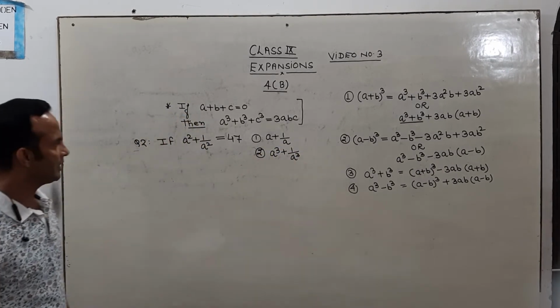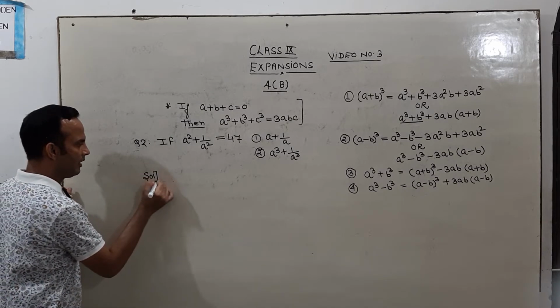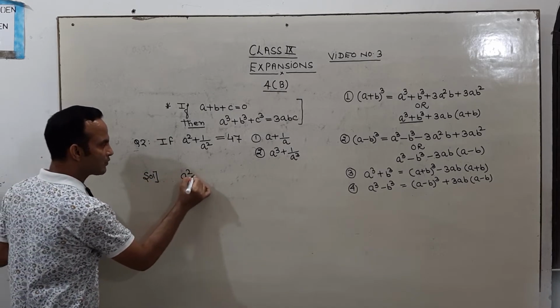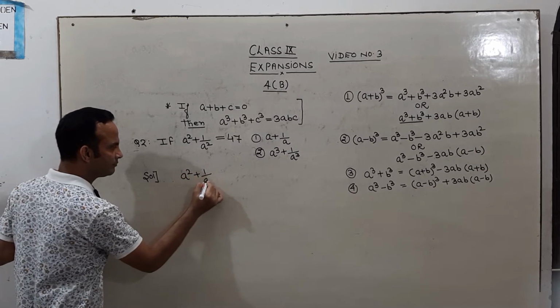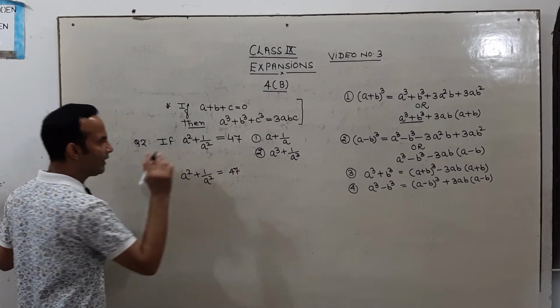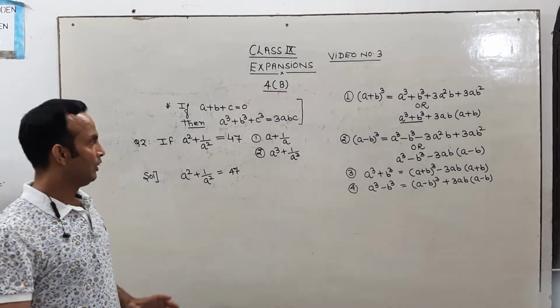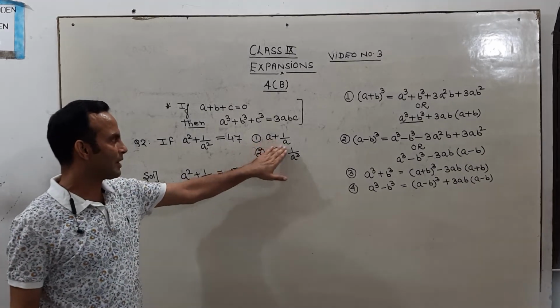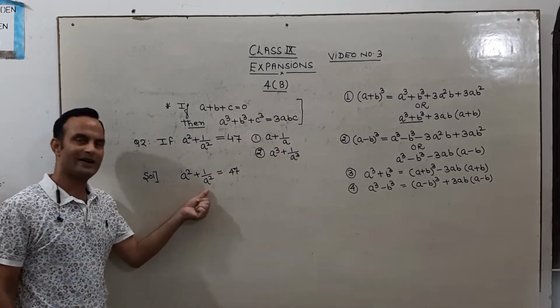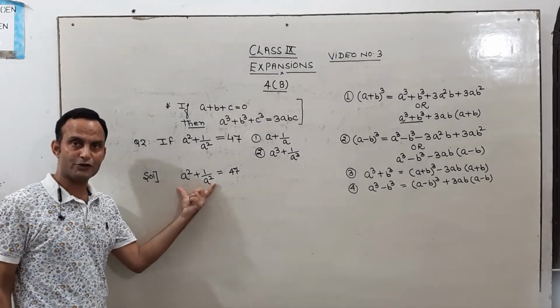See the solution. a square + 1 upon a square is equal to 47. We have to find out a + 1 upon a. To find out the value of a + 1 upon a, make it a perfect square. What I am saying, listen carefully, make it a perfect square.